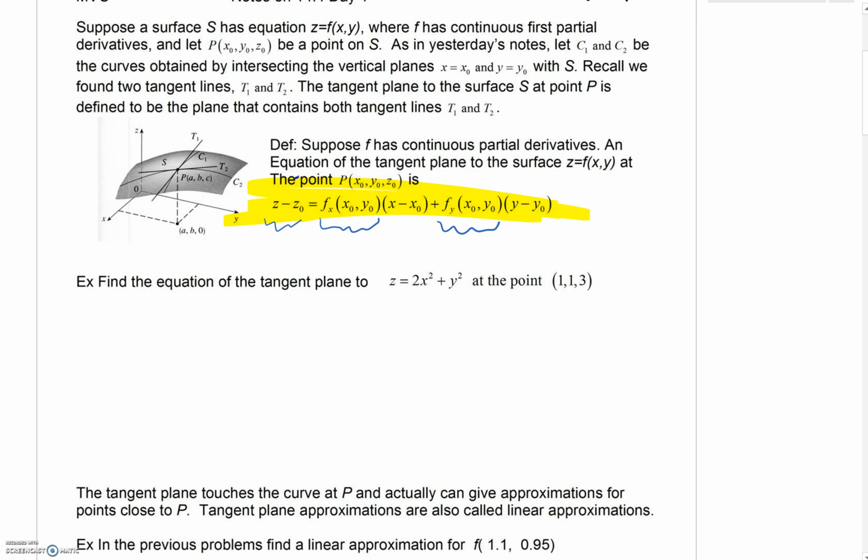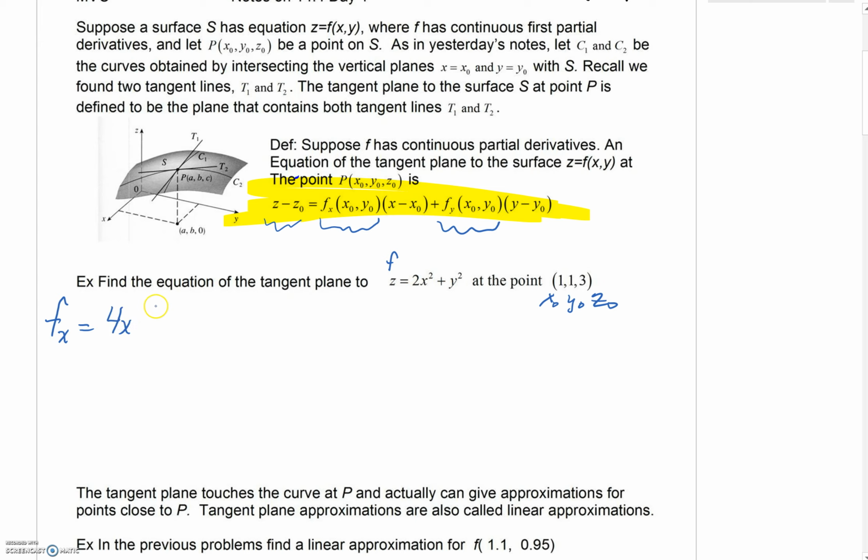So let's jump right in and see what we've got. Obviously, we have an x naught, y naught, z naught right here. Let's go ahead and take our derivative with respect to x. This would be our f. I think it would only take a moment for you to see that we would get 4x.